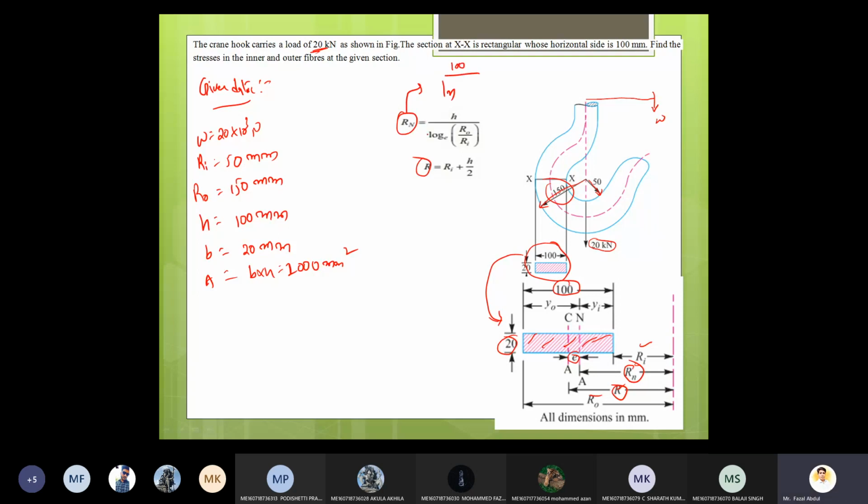Instead of writing log, substitute ln in the calculator, so that's why I'm writing ln. ln of R naught 150 by Ri 50, get this value. And this R: how much is it? Ri 50 plus 100 by 2, total 100 mm. Now what is this value?